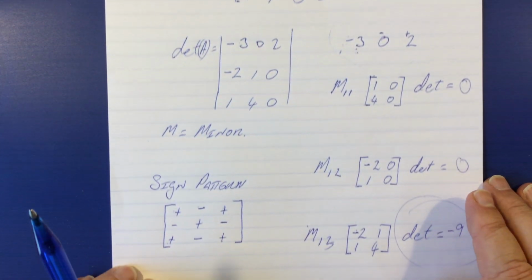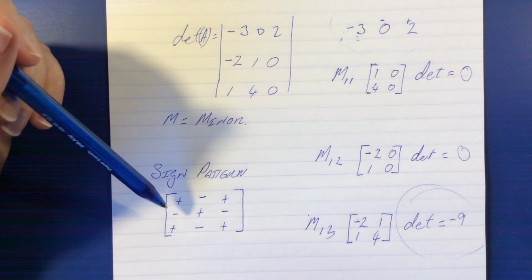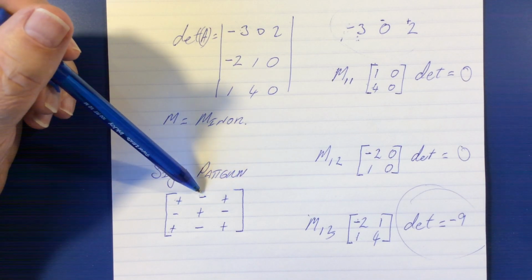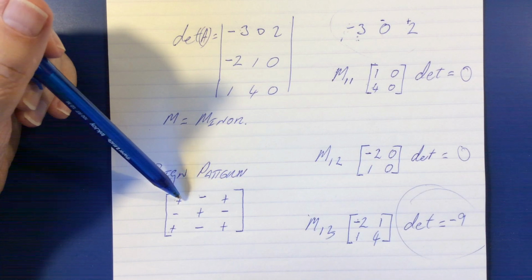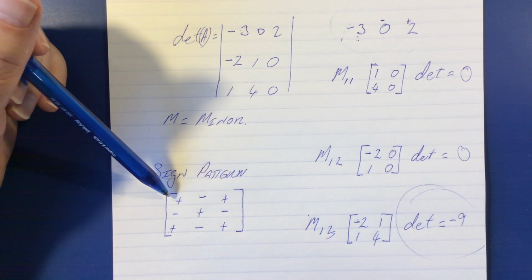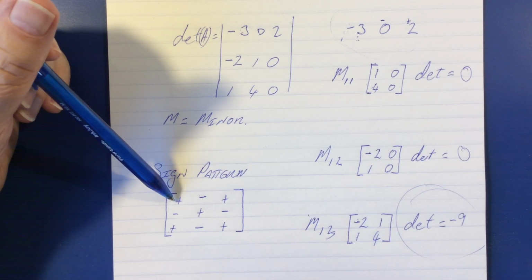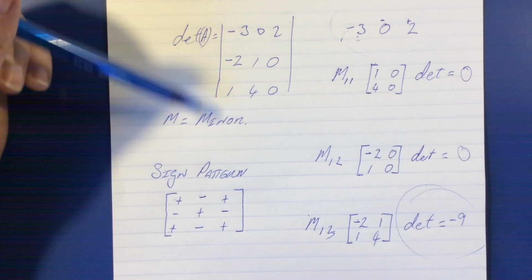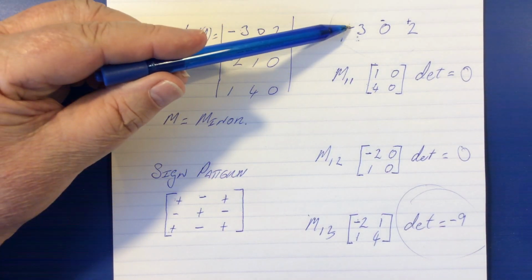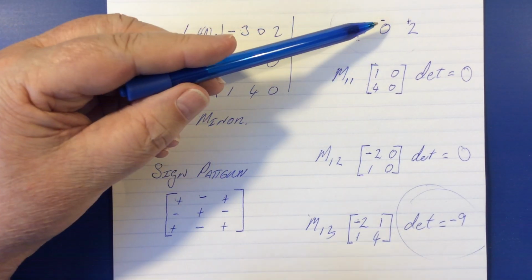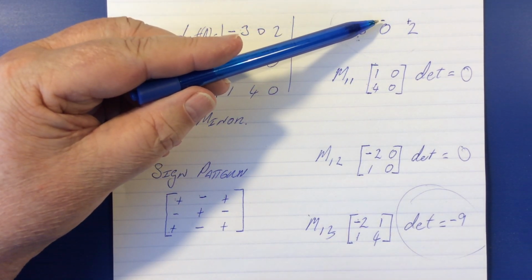So there's a thing called a sign pattern, which we use to assign a positive or negative value to elements in a 3 by 3 matrix when we're looking for the determinant. And for the first row, it is positive. So positive, negative gives us negative. Negative, positive would give us a negative.